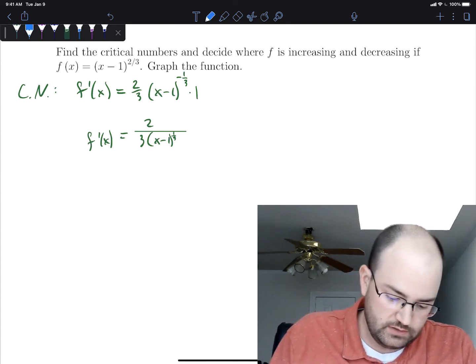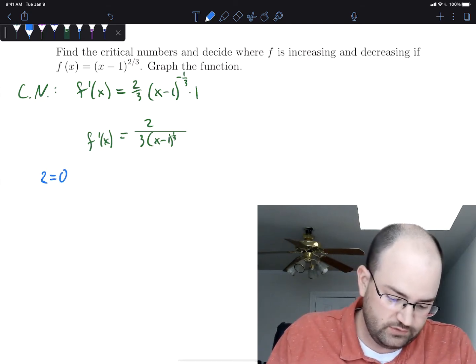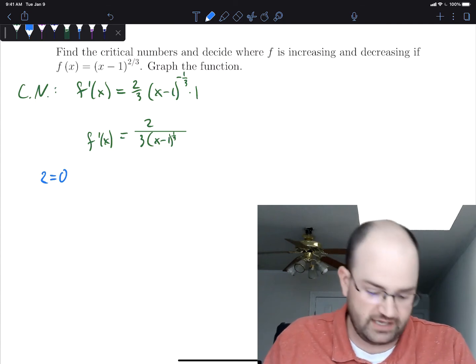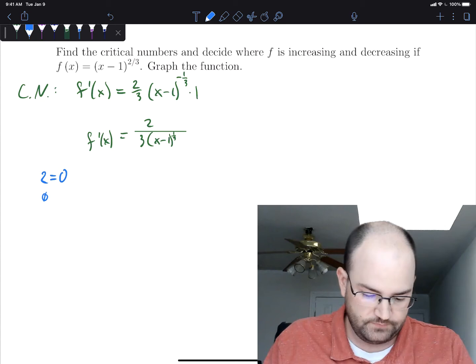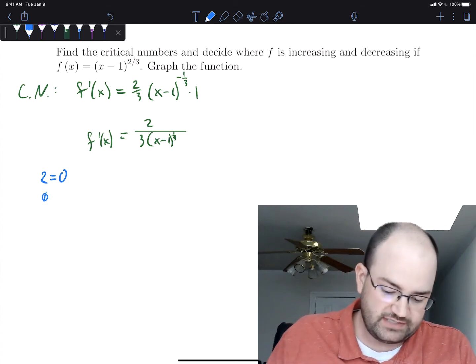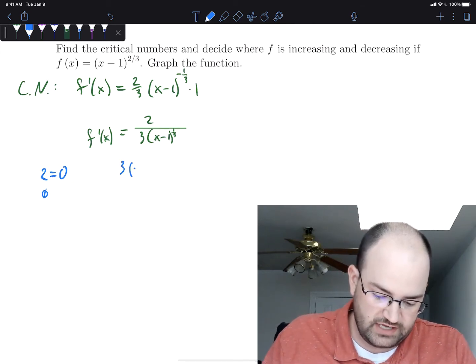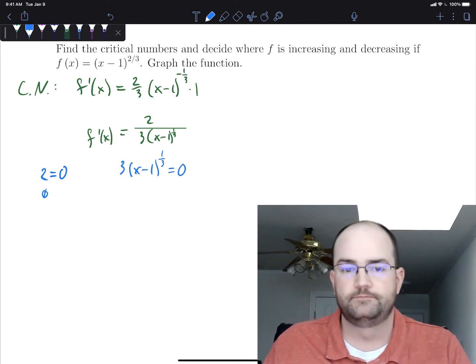So the numerator, 2 equaling 0, there aren't any solutions to that. That means that it doesn't give us any critical numbers. The denominator, however, we can set equal to 0. So we get 3 times (x minus 1) to the 1/3 power equaling 0.